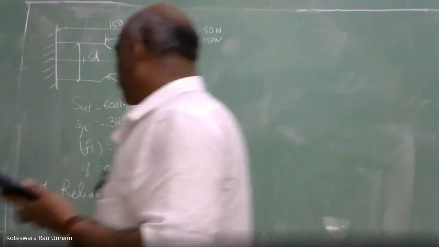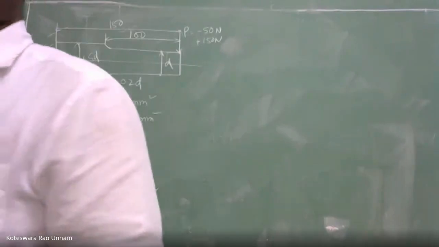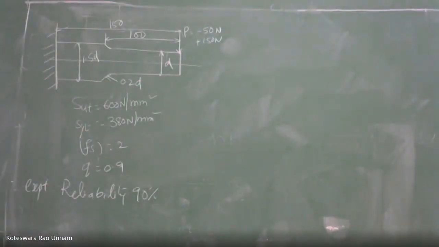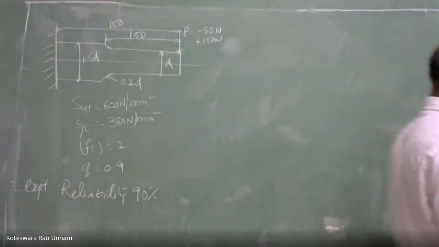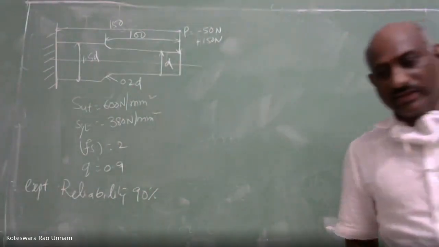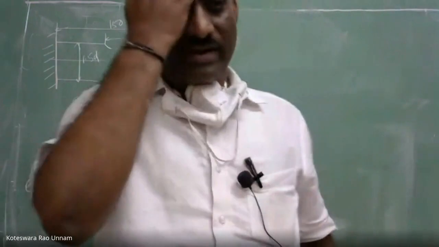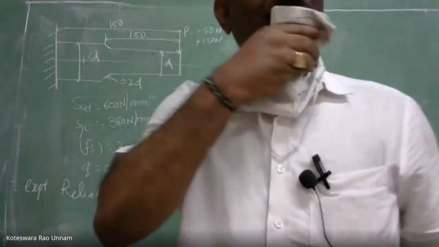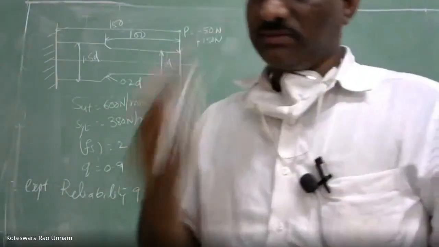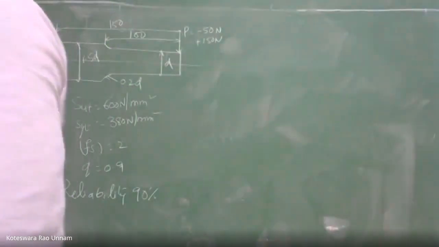Right? Okay. So how will you proceed with this problem? Here the load is fluctuating. So when the load is fluctuating, whether you are designing for a finite life or infinite life, you need to use different criteria. So that is Goodman.